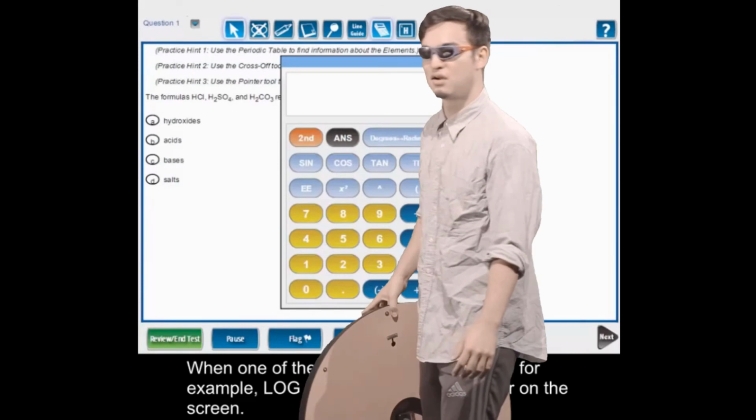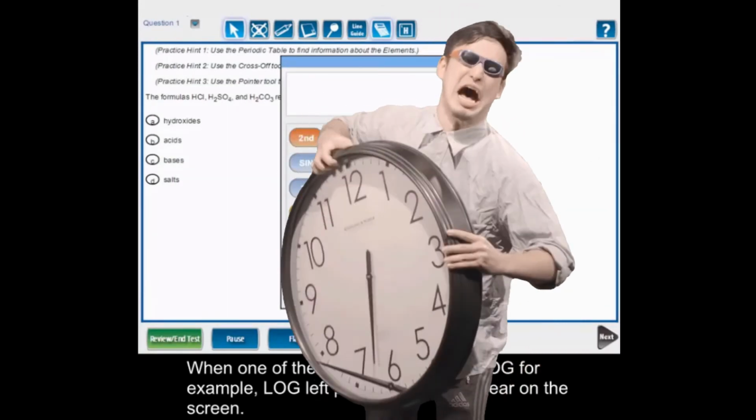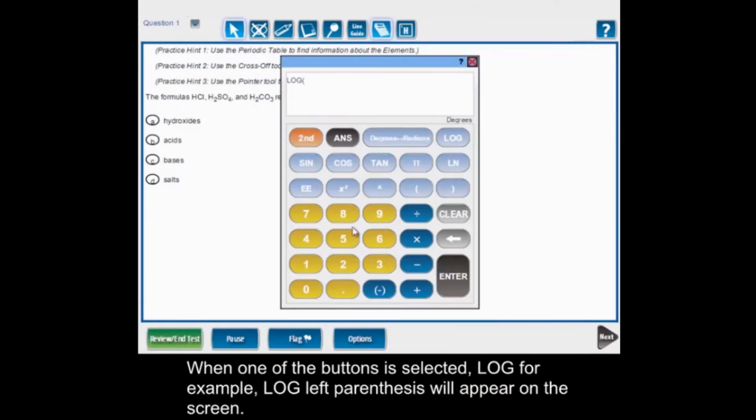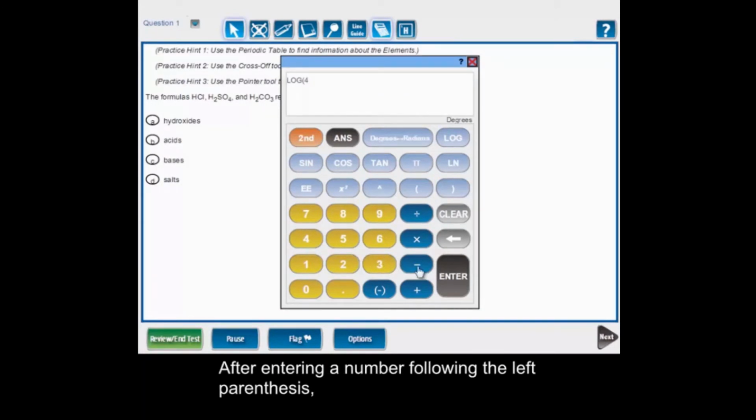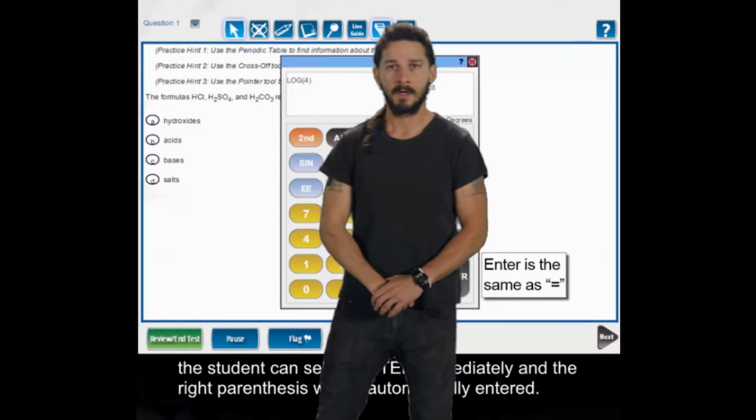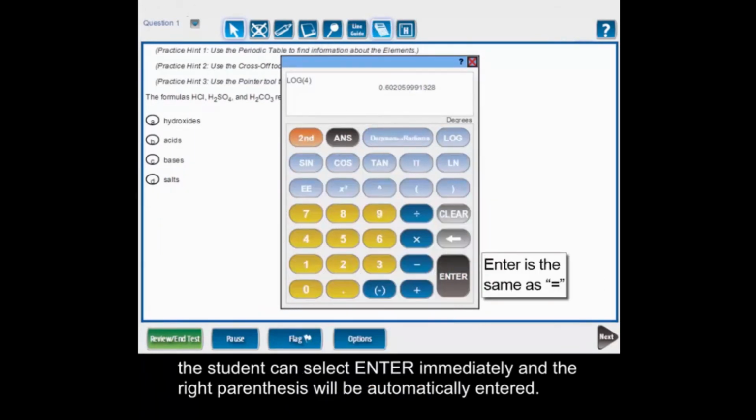When one of the buttons is selected, log for example, log left parenthesis will appear on the screen. After entering a number following the left parenthesis, the student can select Enter immediately, and right parenthesis will be automatically entered.